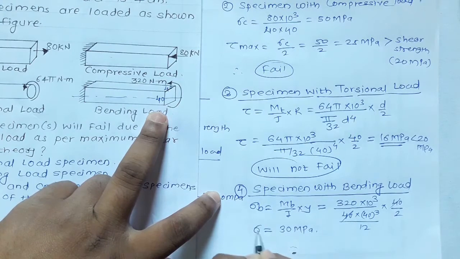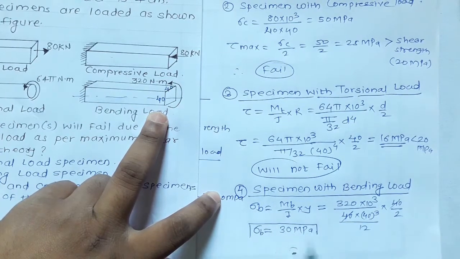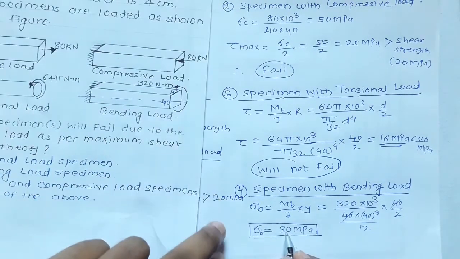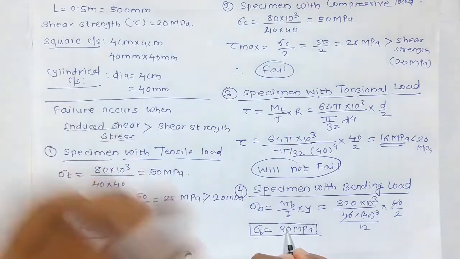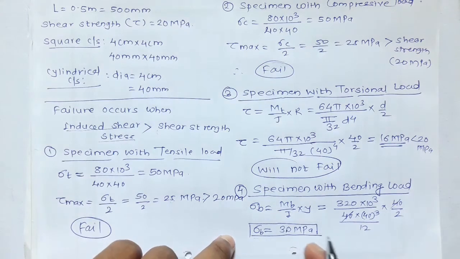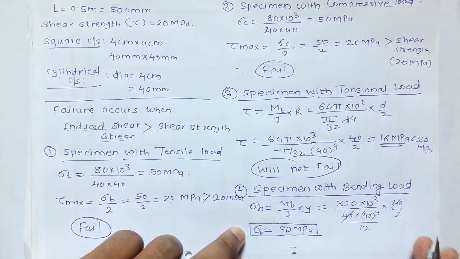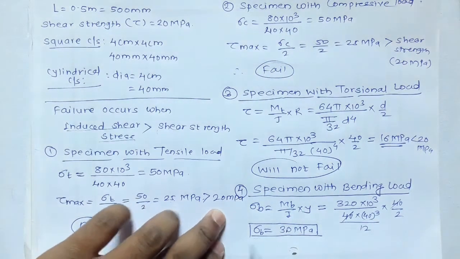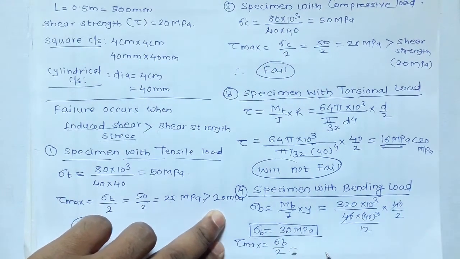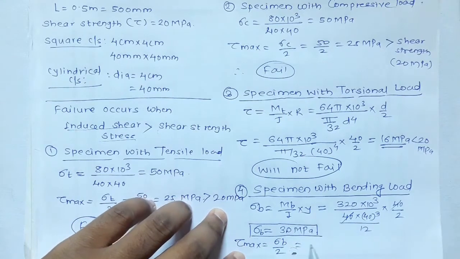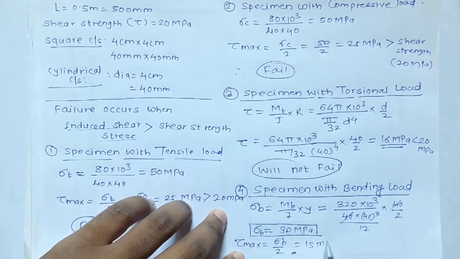Okay, but here in order to predict the failure, we cannot compare this value of bending stress with the shear strength, because we have to use the maximum shear stress theory. So we have to first find out the induced maximum shear stress in this specimen, and tau max is half of this sigma b, and thus we can write tau max is 15 megapascal.